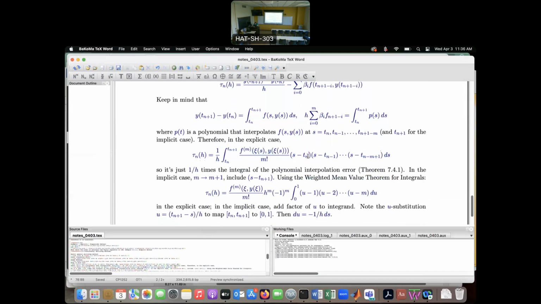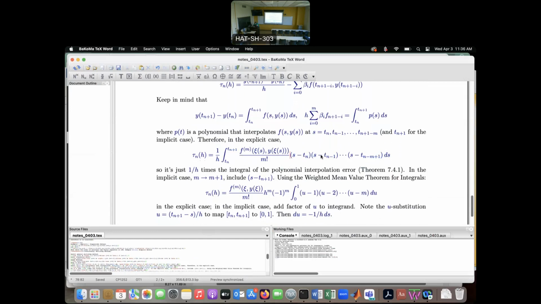Here we have time t_n and earlier times, so all of these factors are non-negative. This is for the explicit case. For the implicit case, there's a factor of s minus t_{n+1}, but that factor is always going to be non-positive. The point is, for explicit or implicit, this product of linear factors you have here never changes sign.